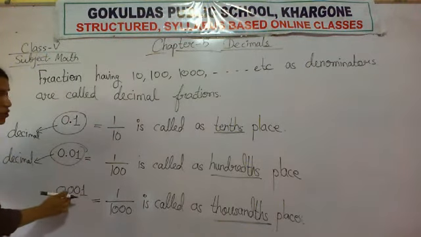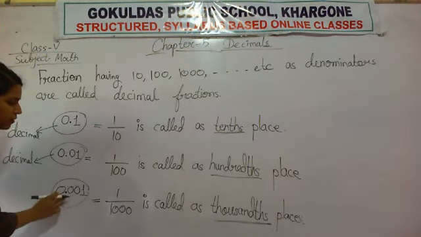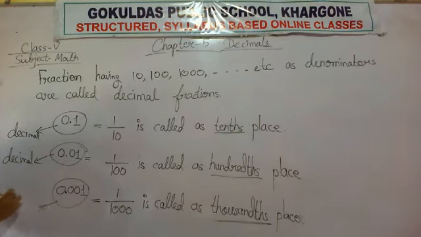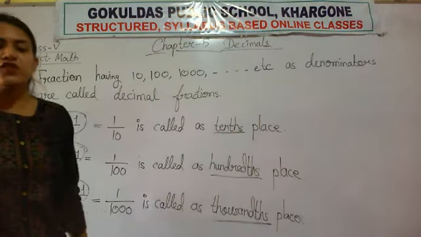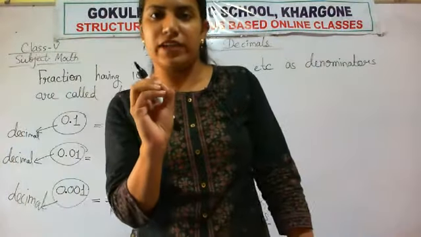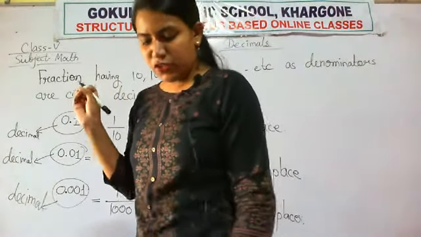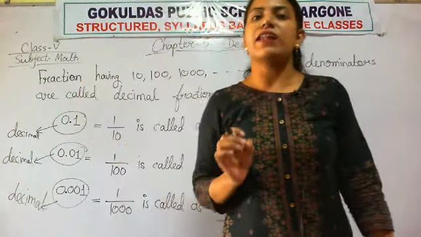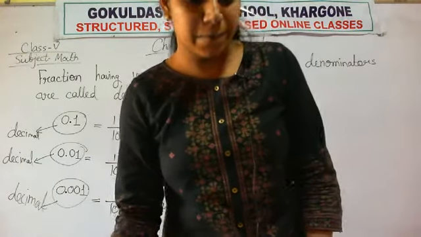Here 0.001, this number has a point, it means it is a decimal number. So whenever you see any number having a point, you will call it a decimal number. Okay?